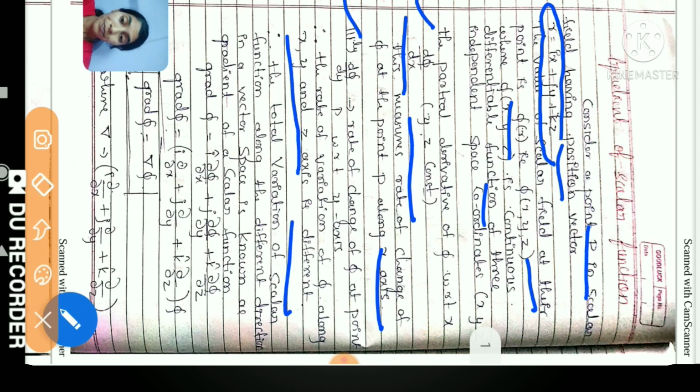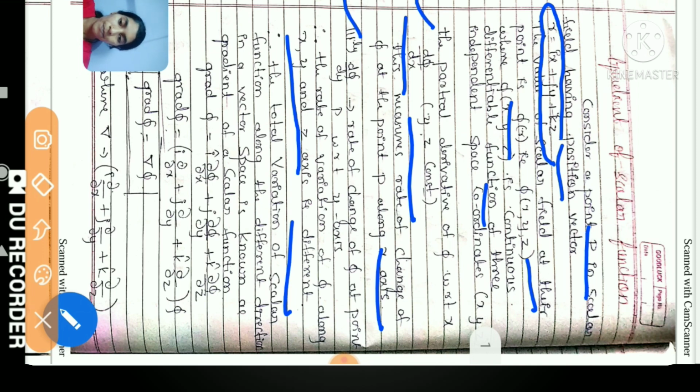D phi by dy is the derivative along the y-axis, with x and z constant. The same holds for d phi by dz.